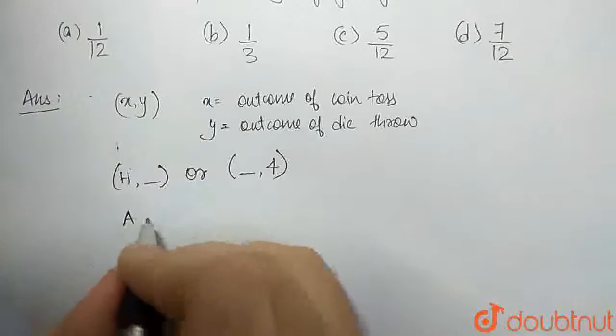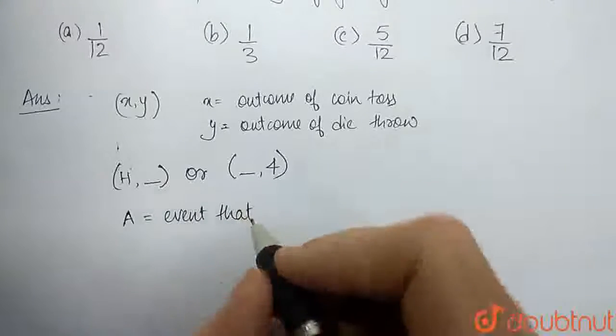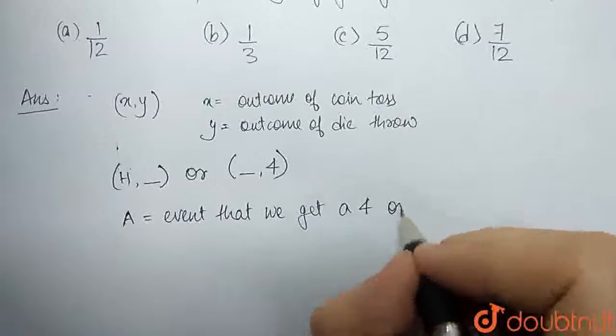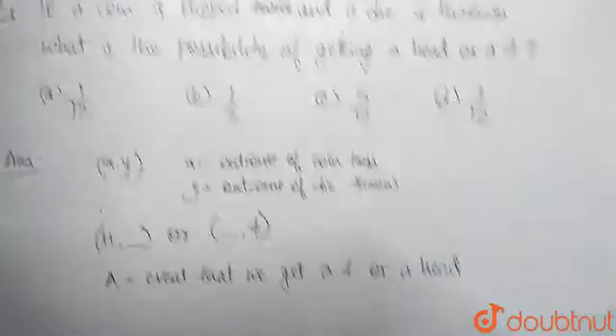So let A be the event that we get a 4 or a head, right? That is what we require, a head or a 4. So a 4 or a head, same thing.